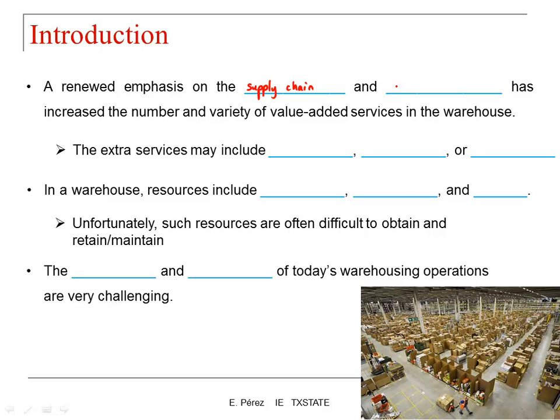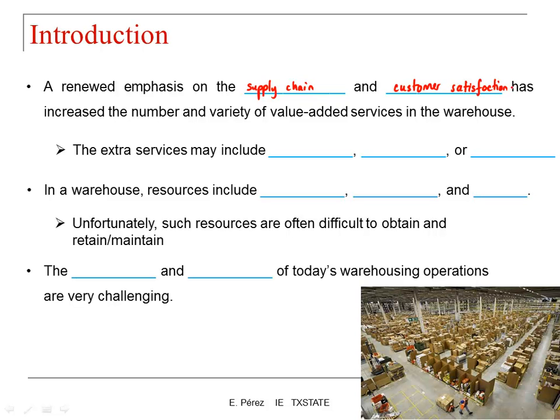And customer satisfaction has increased the number and variety of value-added services in the warehouse. So right now, warehouse operations is not a place just to put the items until demand comes for those items.